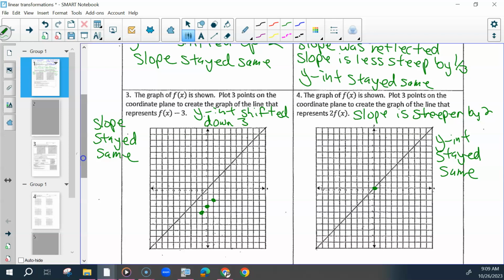It is. So any 2 over 1 from the y-intercept, we could do up 2 over to the right 1, down 2 to the left 1. Sure. We could keep going to the right, we could keep going to the left. It doesn't matter. You just need 3 points. Questions on those?